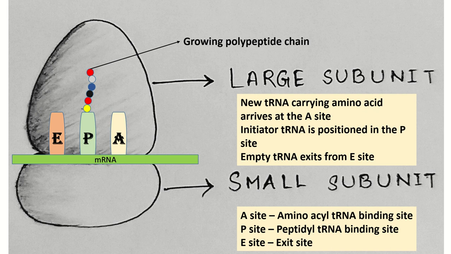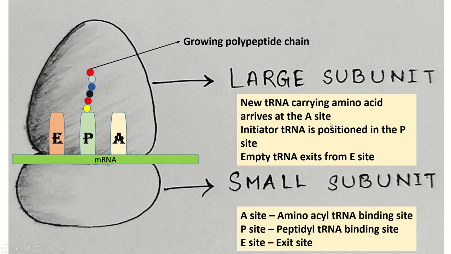Okay, now let's see what are these. A site is your aminoacyl tRNA binding site. This is the site where a new tRNA carrying amino acid arrives. So a new tRNA which is carrying a fresh new amino acid will arrive at A site.